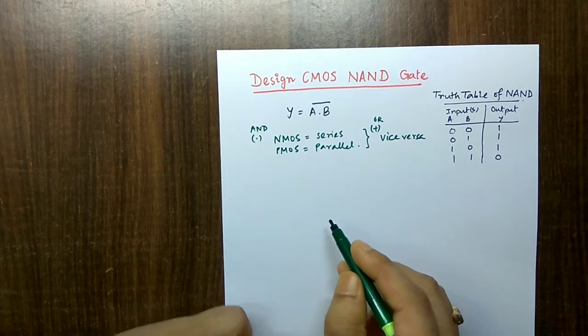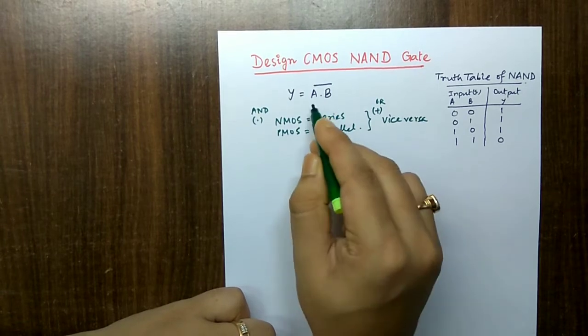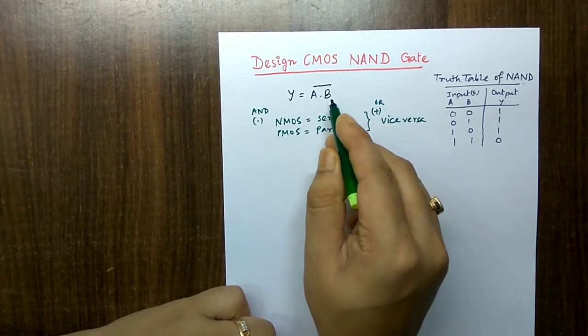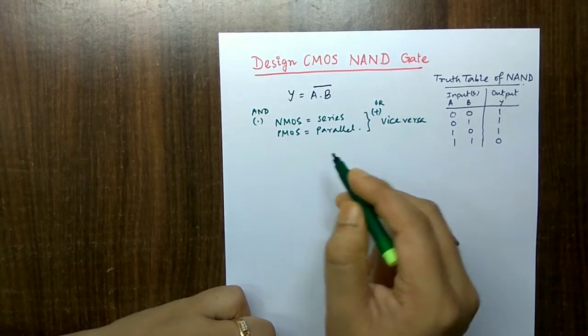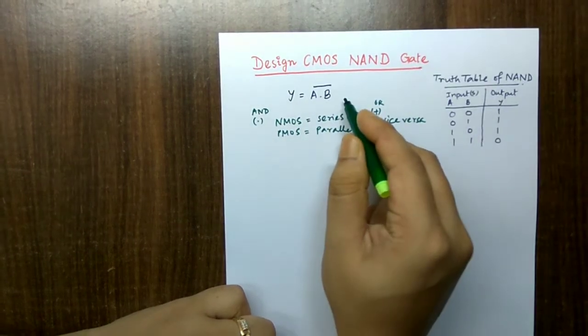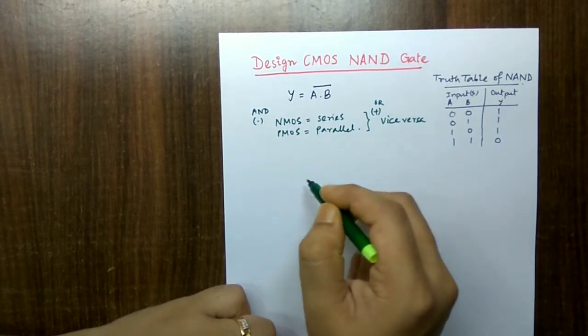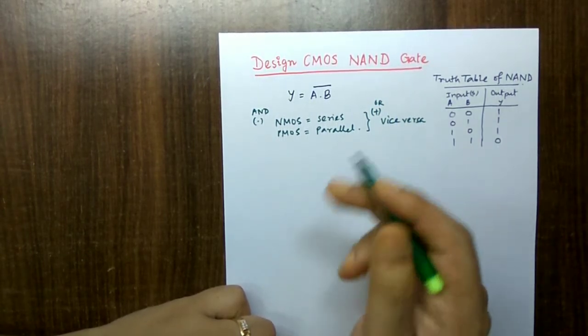So let us see how the diagram can be shown here. If it is a 2 input gate, you need to remember there have to be 2 PMOSes and 2 NMOSes. If it is a 3 input gate, then 3 PMOSes and 3 NMOSes. A combination of both PMOS and NMOS will create a CMOS.